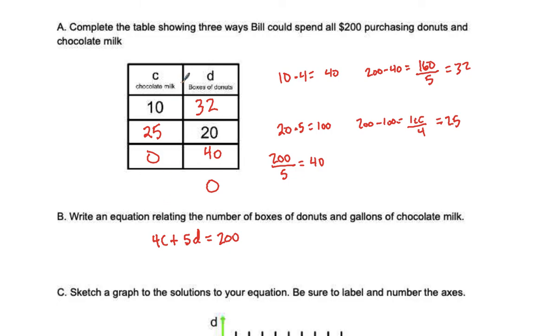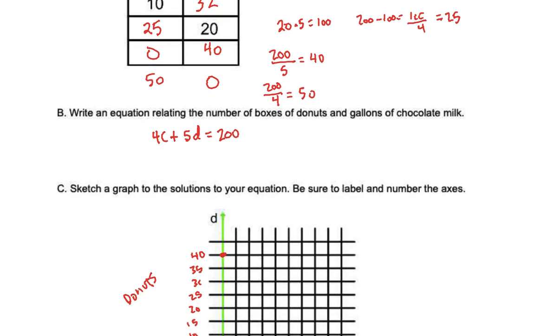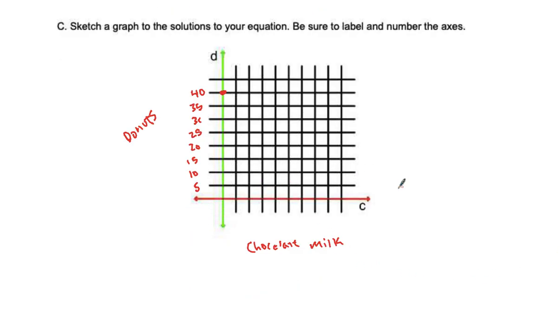So if I spend all $200 on chocolate milk, 200 divided by 4 is 50. So I could get 50 chocolate milks if I get 0 donuts.